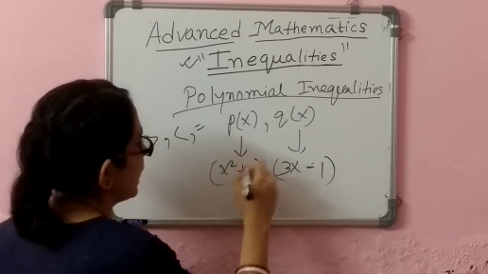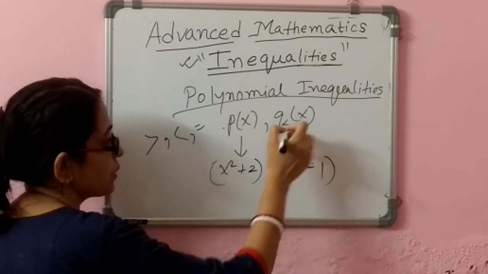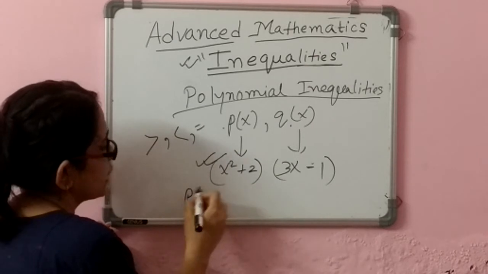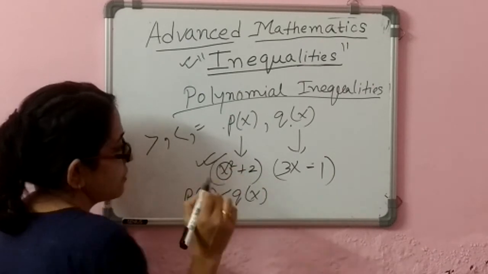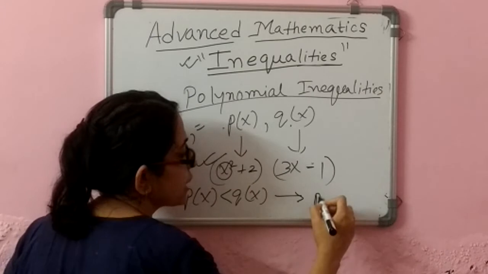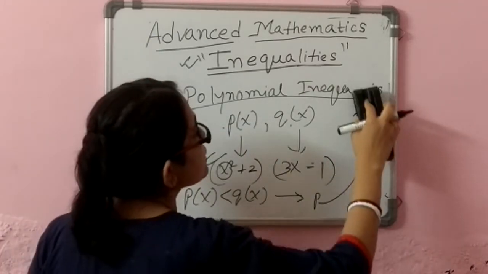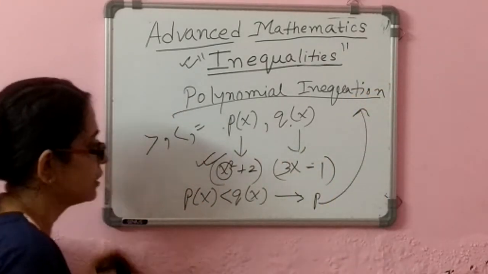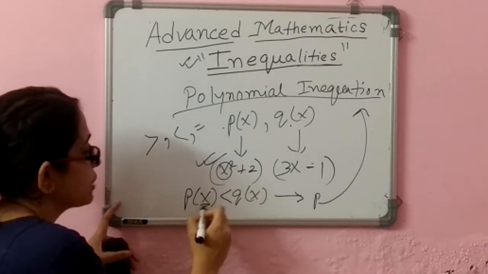Let us consider this. In this polynomial, in Px and Qx, after putting some values, we will see that Px is less than Qx, and this sentence is known as polynomial inequation. Sorry, it is inequation, not inequality.